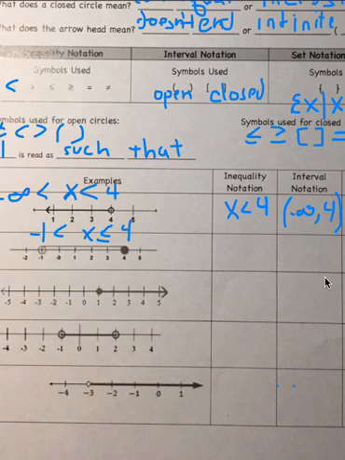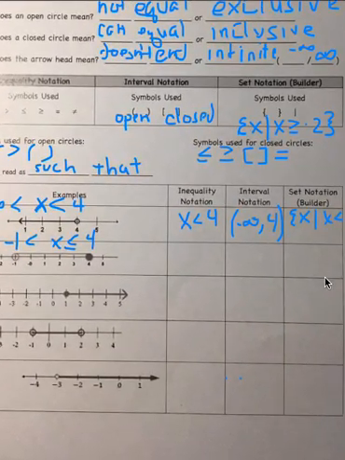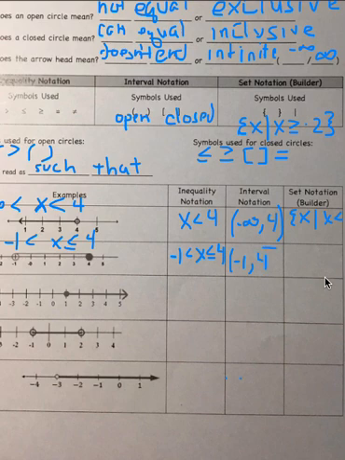So now you can basically go to how you're going to write all your notations. So inequality notation, you would say -1 is less than x is less than or equal to 4. With interval notation, the -1 is open, so you do -1, comma, 4. 4 is closed, so you have a closed bracket.